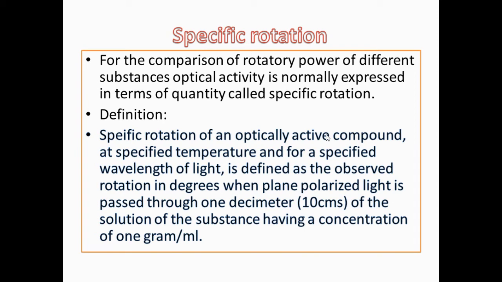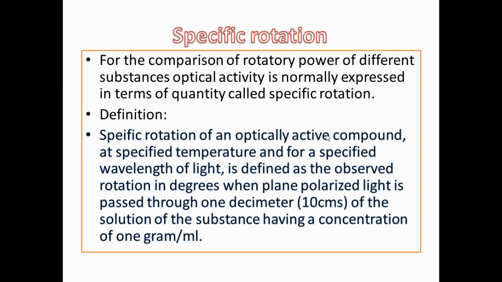The definition: the specific rotation of an optically active compound at a specified temperature and for a specified wavelength of light is defined as the observed rotation in degrees when plane polarized light is passed through 1 decimeter, which means 10 centimeters, of a solution of the substance having a concentration of 1 gram per ml. It's very important.